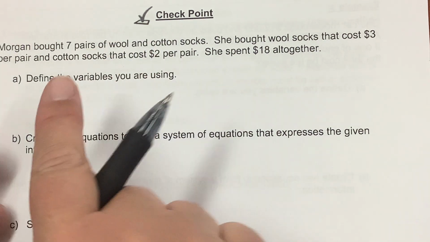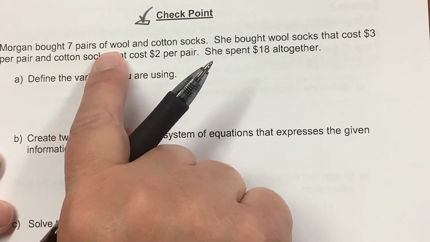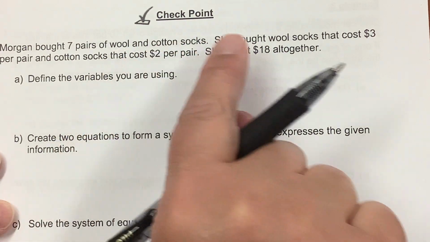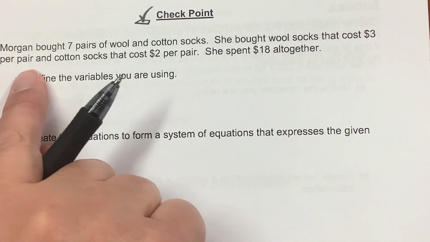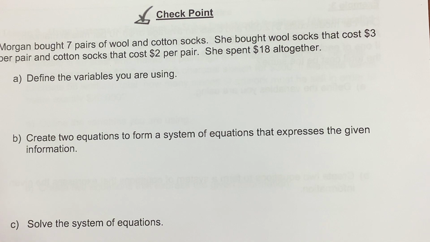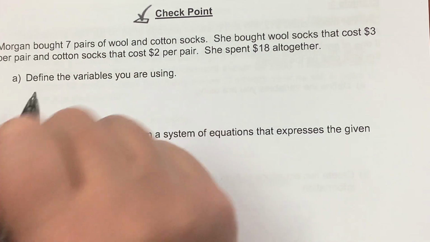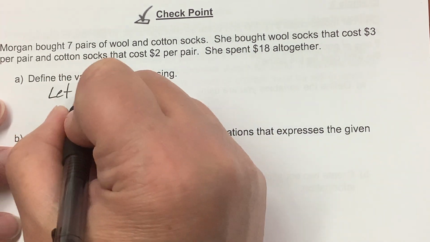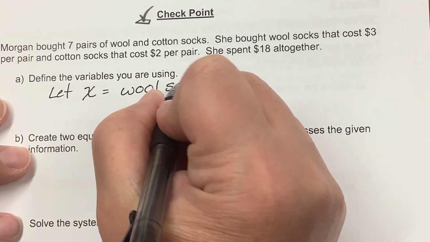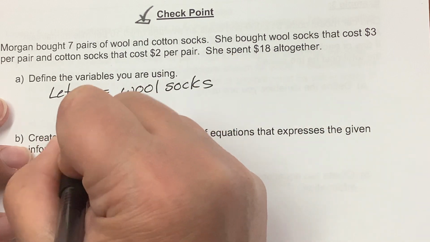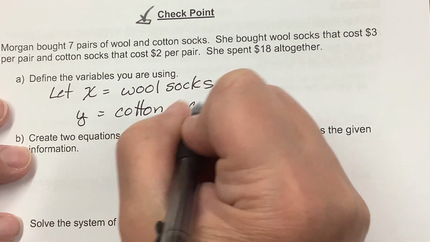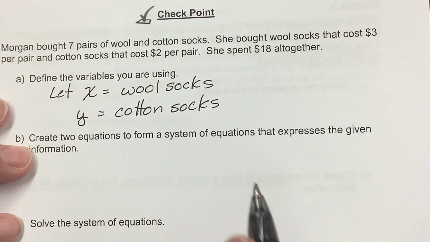All right. Morgan bought 7 pairs of wool and cotton socks. That's 2 different objects. That's going to be my X and Y. She bought wool socks that cost $3 per pair and cotton socks that cost $2 per pair. And she spent $18 altogether. So let X equal wool socks, Y equals cotton socks, and let's write an equation.